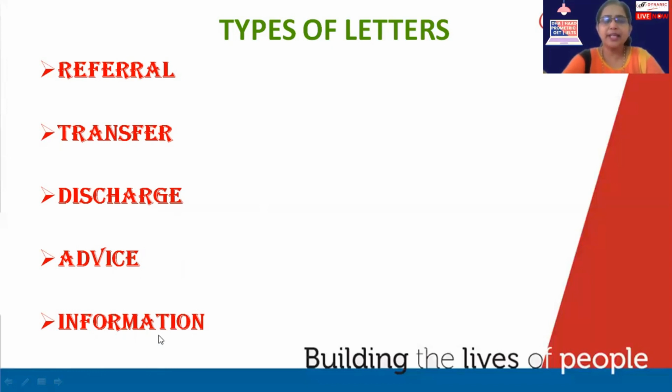An information letter is written to inform a particular person regarding your patient and the present condition. So it is very important to identify what type of letter you are going to write, and mostly you will be getting the first 3 types of letters.